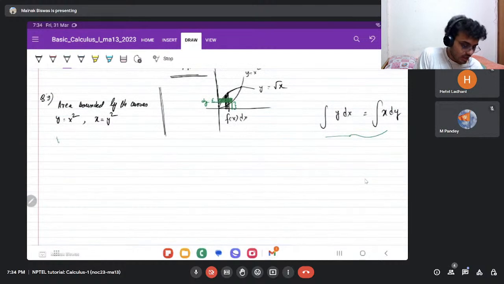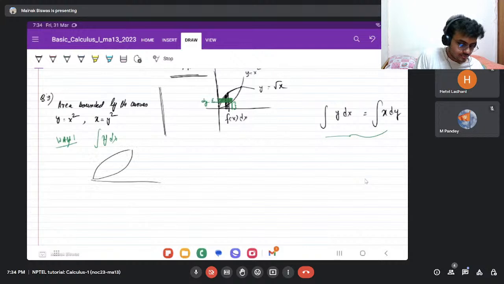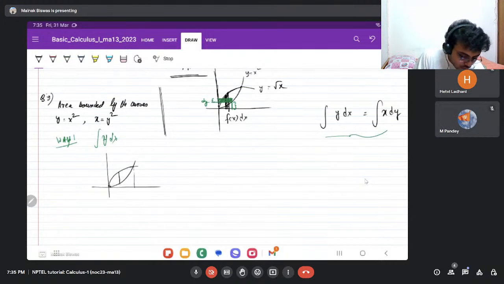So way 1 I'll show now, and then way 2 also I'll show. First I'll do way 1, the integral of y dx, or the normal figure that we always try. So y dx would be like this. Okay, so now if I want to find this area, what should I do? This partial area.